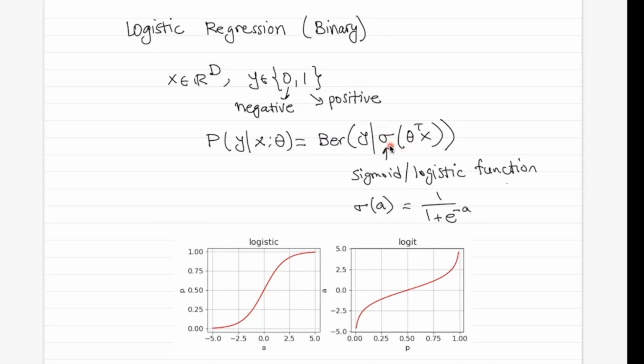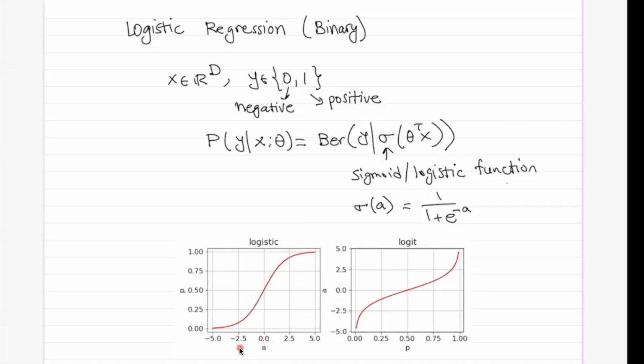And we do this using this sigma, which we call the sigmoid or logistic function. The mathematical expression for the sigmoid or logistic function for any input a is 1 over 1 plus e to the negative a. And here on the left side, we see the form of the plot of this logistic function.